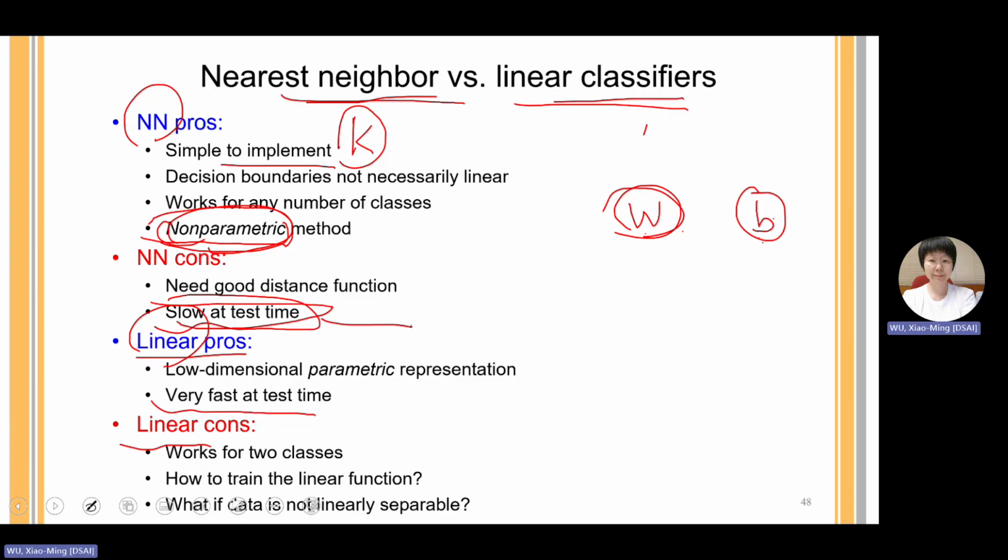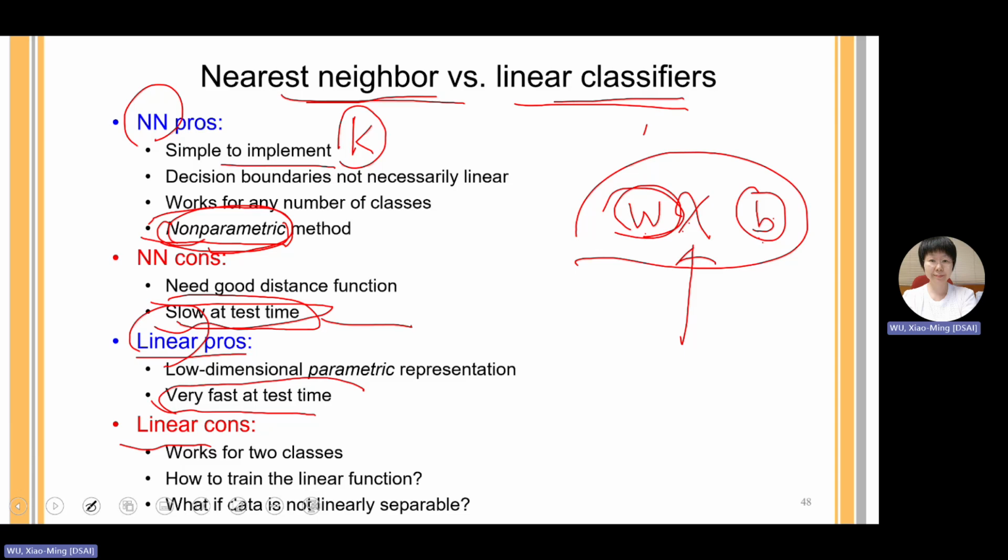But once the classifier has been trained, it's very fast at test time, because you can just plug in X, the test example, and you will obtain the result immediately. It doesn't require comparison with every single training sample.